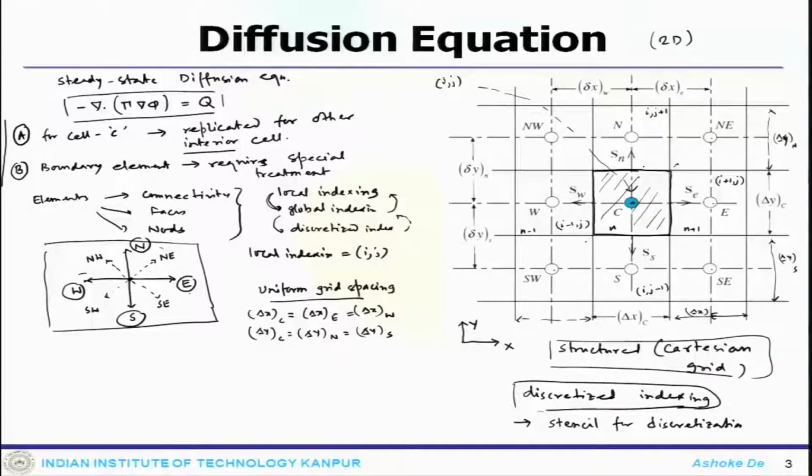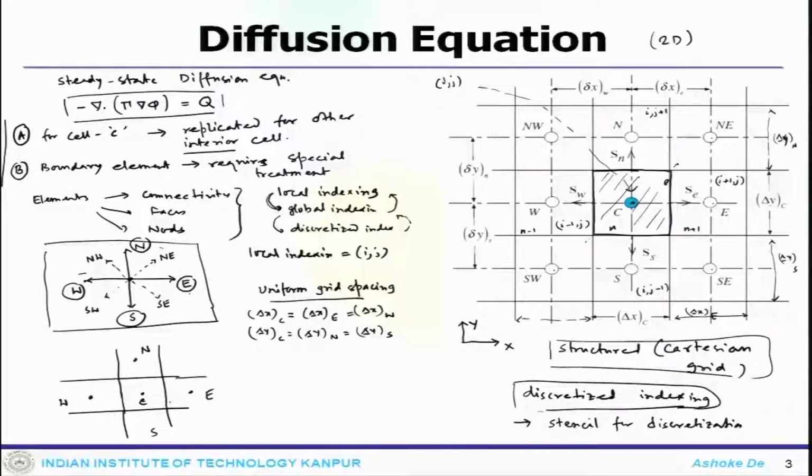Another representation which will be used, and which has been consistent throughout our lecture, is that the face connected with the east node or east cell is marked as small e face. If I look at this particular system here, this is my south, this is my C, this is my E, this is my north, this is my west.